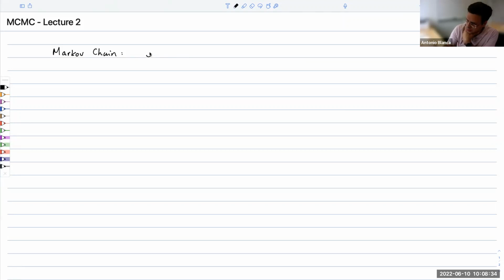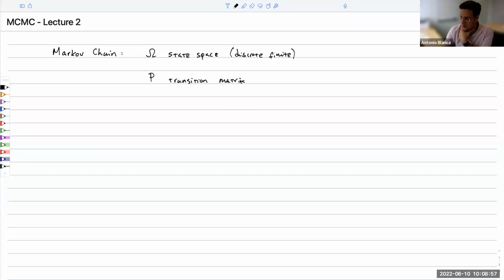So we have some state space, a set of, say for now, discrete, finite states. We also have a transition matrix P. And this transition matrix tells you the probability that if you are at a state X from the state space, you transfer to state Y, right?